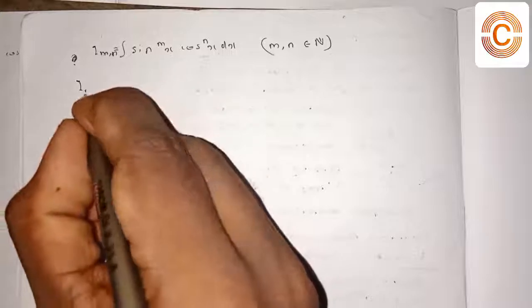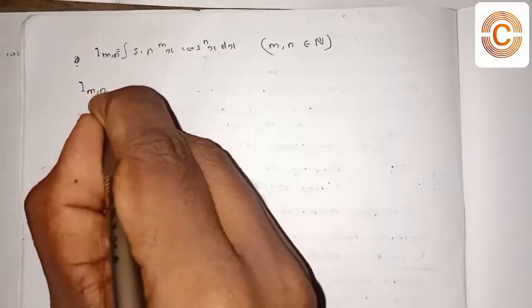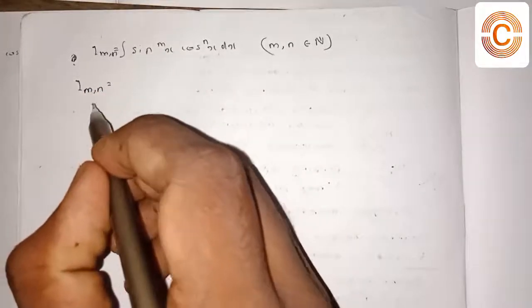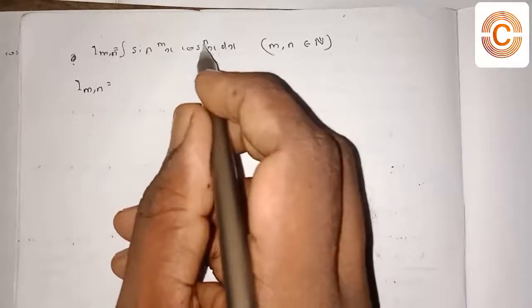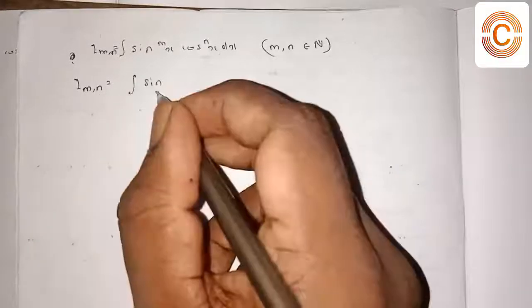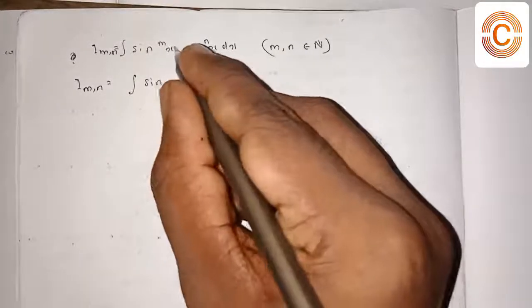So first we want to work with I m comma n. Here I m comma n means the integration of the sine function with power m and the cos function with power n. So here, integral of sin raised to m x.